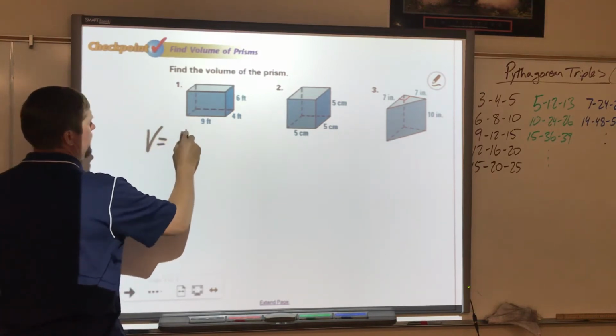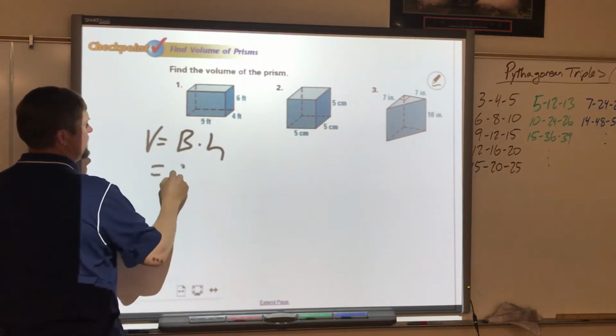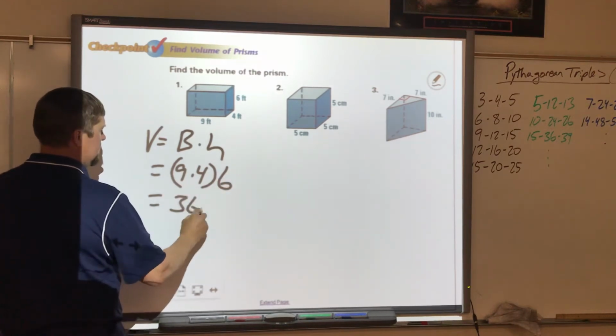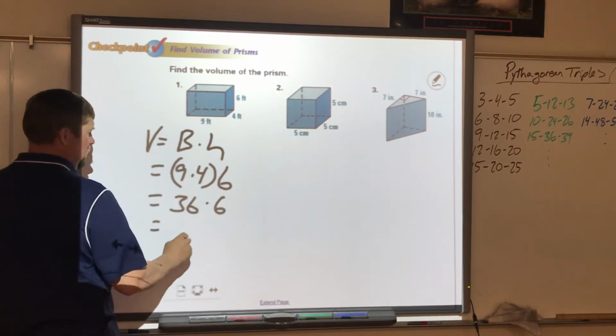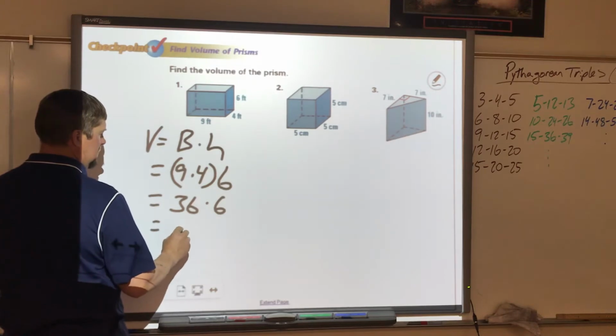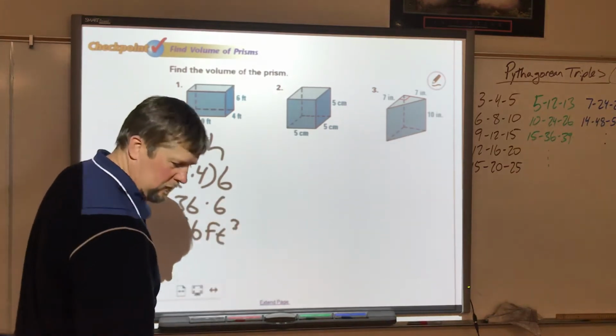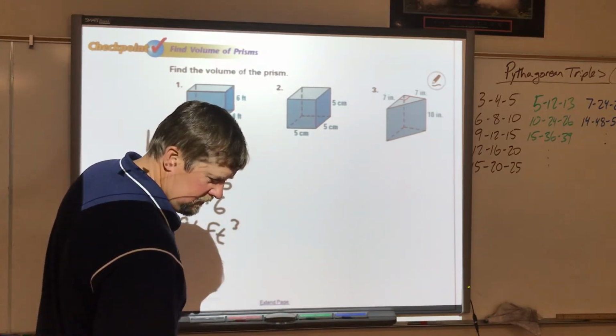Volume is area of the base times the height, which is 9 times 4 times 6, which is 36 times 6, which is, let's see, 196 feet cubed. 36 times 6.